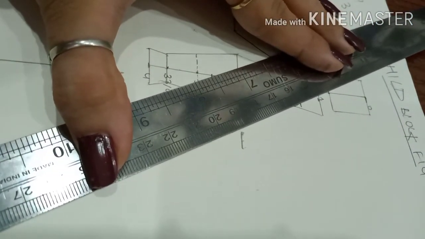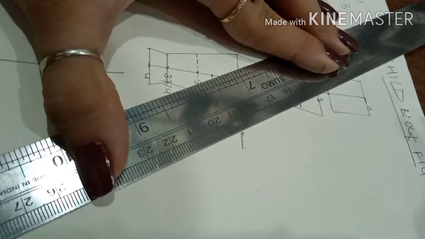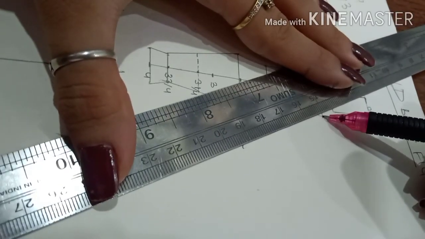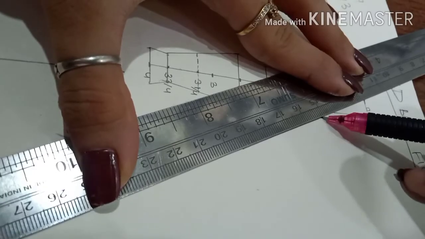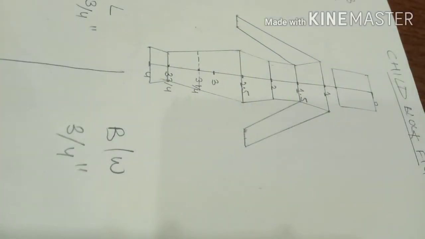Same on this side. The arms are completed. Now we will make the hands.